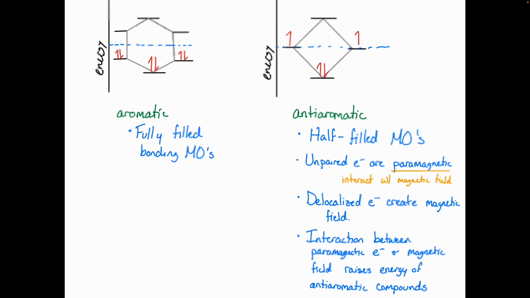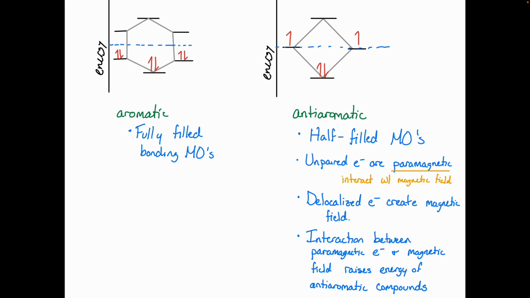We simply just don't have that problem with our aromatic compounds because they always will have fully filled molecular orbital diagrams, so their electrons aren't interacting with any magnetic fields at all. Everything's all paired up, so there's no interaction.